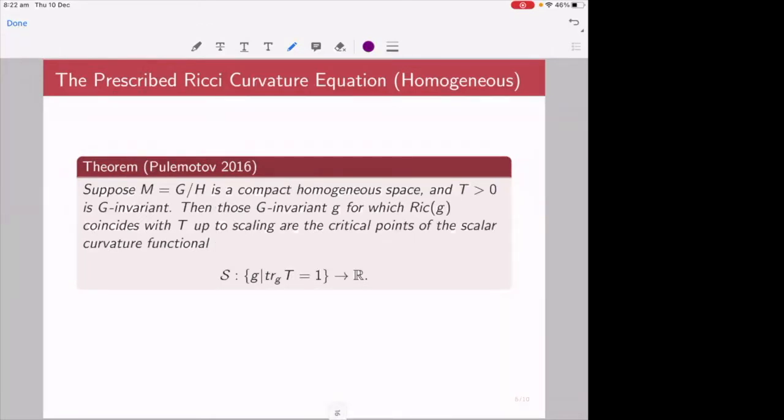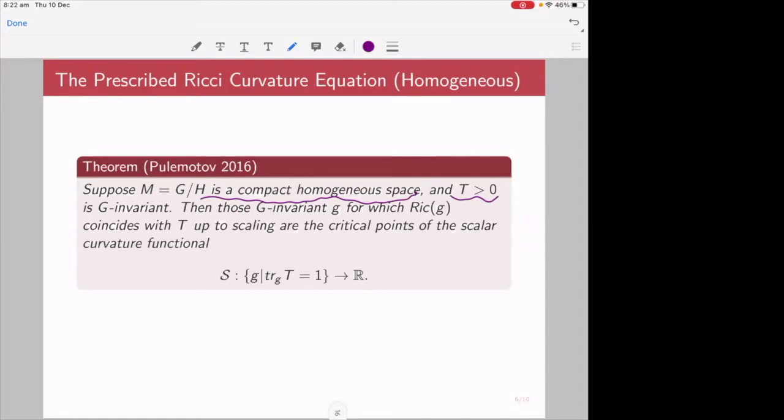Like the Einstein equation, the prescribed Ricci curvature equation has a variational interpretation, and so that's very, very useful. So to describe this result, let's suppose that you do have a compact homogeneous space. Let's say that you're trying to prescribe positive and invariant Ricci curvature again.